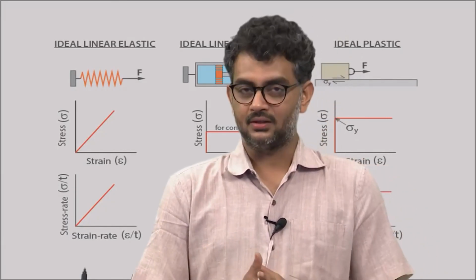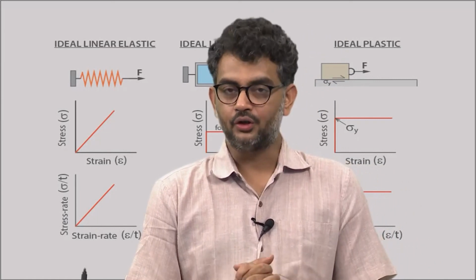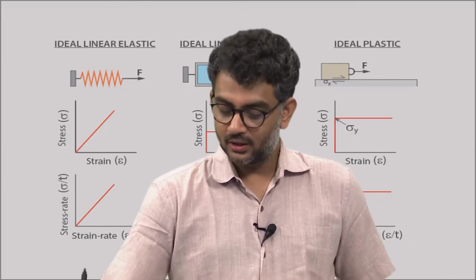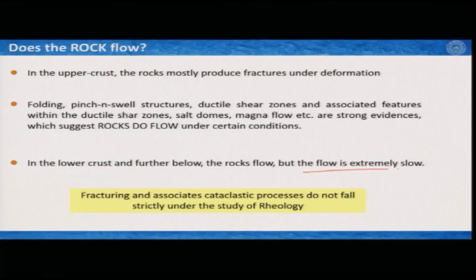These are the evidences that rocks do flow. We don't see it, most likely because the flow is extremely slow. It's so slow that we cannot see it, but it certainly flows. And the evidences are structures that we see, like folds, pinch and swell, and so on.